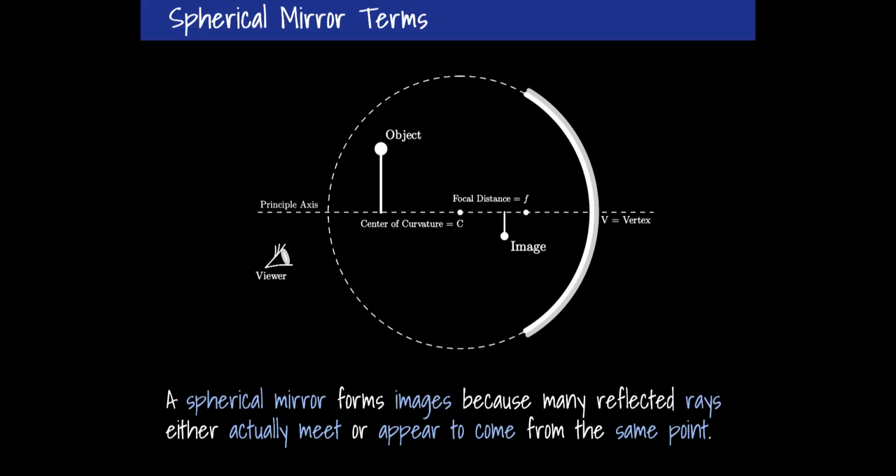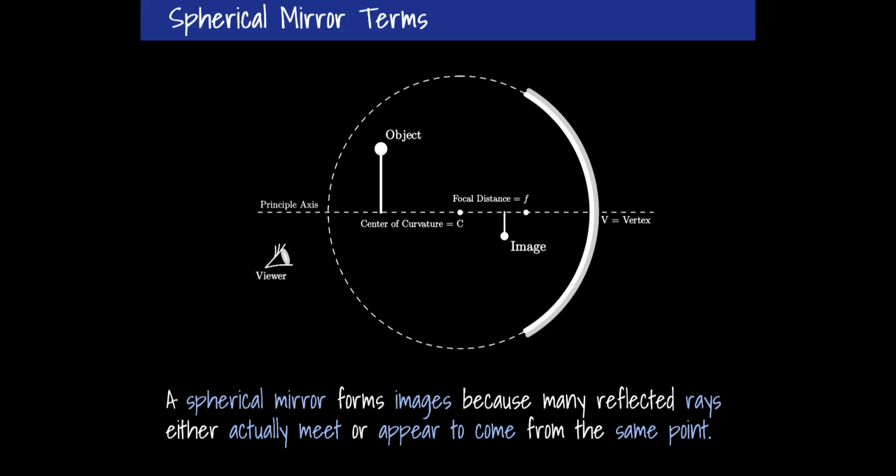Now, a sphere, of course, has a center, and I've indicated it here on the diagram. It's called the center of curvature of the mirror, and I've labeled it C. Very sensible. The vertex of the mirror, that is the centermost point of the mirror, labeled here V, is the radius of the mirror away from the center of curvature, because from the center to the vertex of the mirror would be the radius.